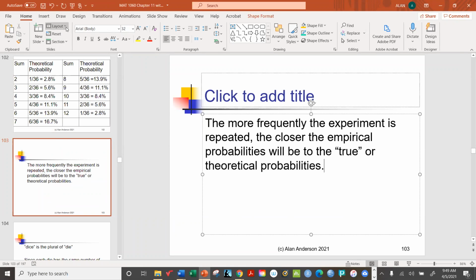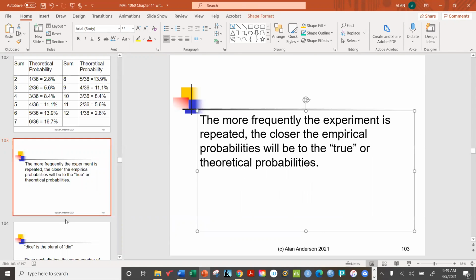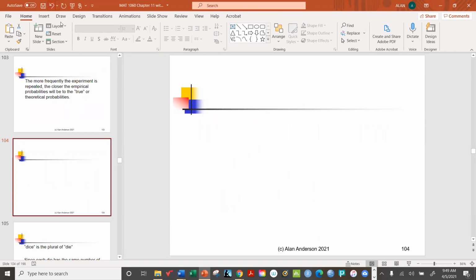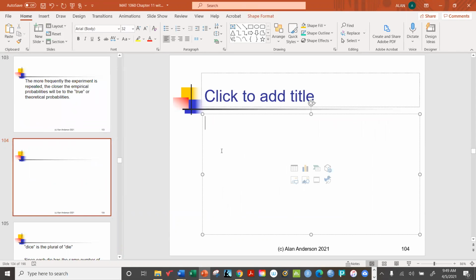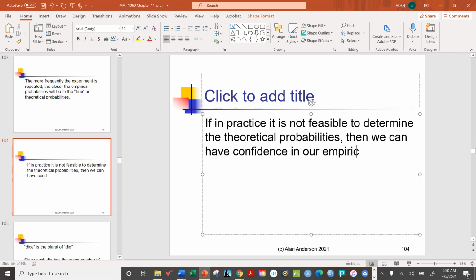Which is good, because this is helpful information. If in practice it is not feasible to determine the theoretical probabilities, then we can have confidence in our empirical probabilities.